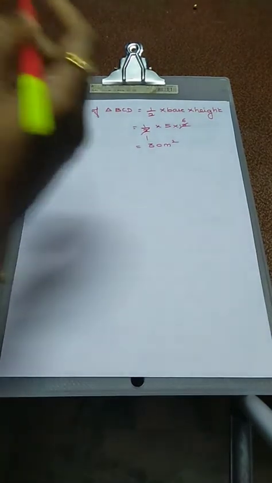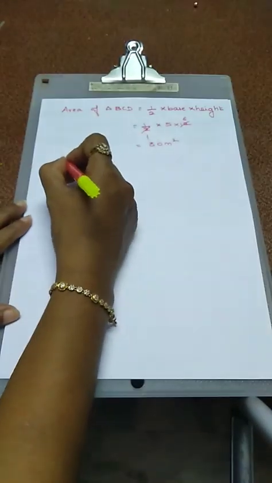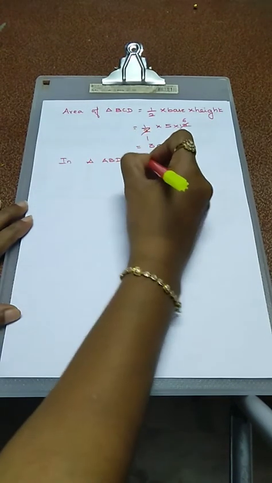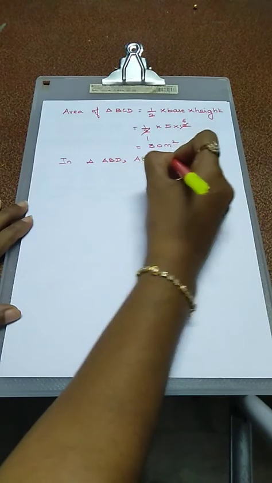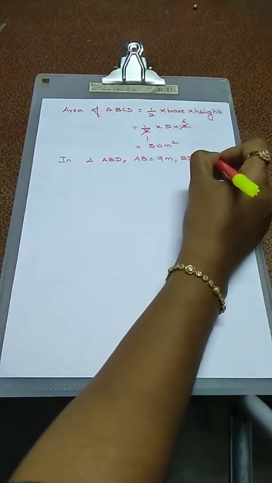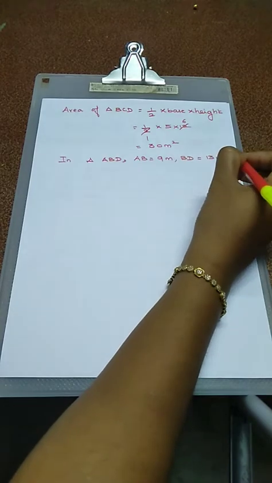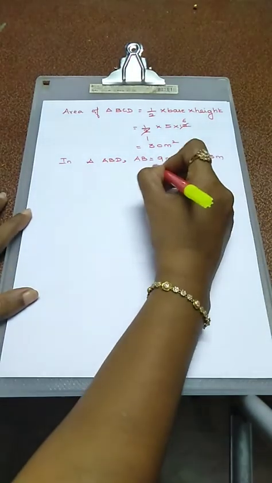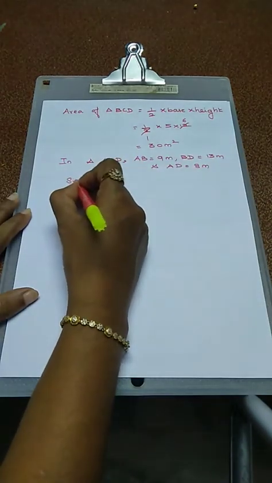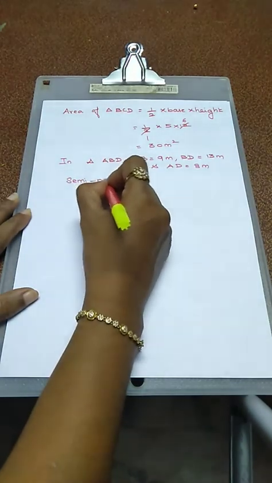Next we calculate the area of triangle ABD. Looking at triangle ABD, AB is given as 9 meter. Just now we found BD is equal to 13 meter. Another one, AD equal to 8 meter. Using these values, first we calculate the semi-perimeter.